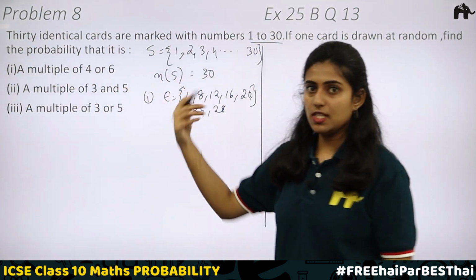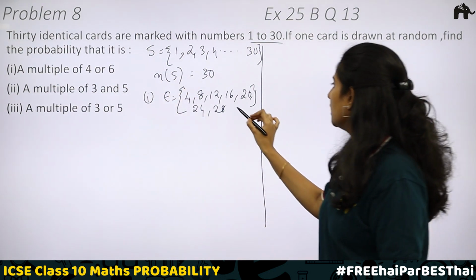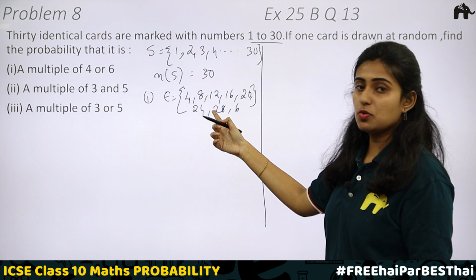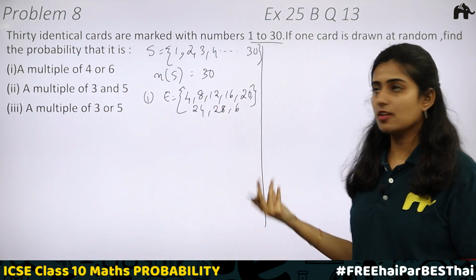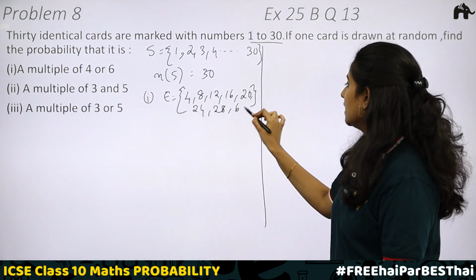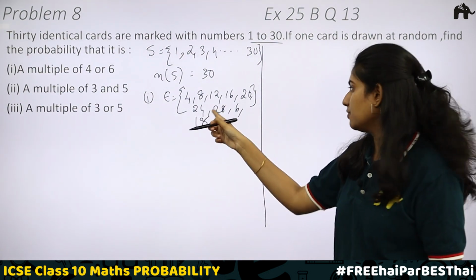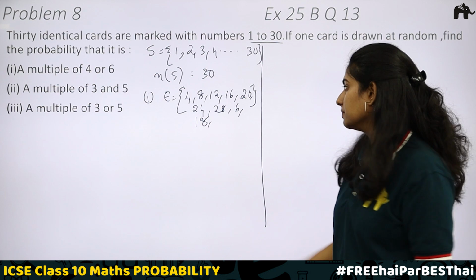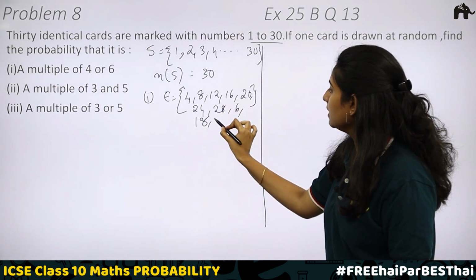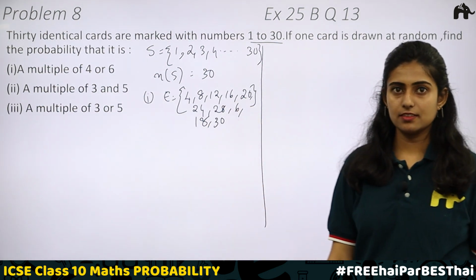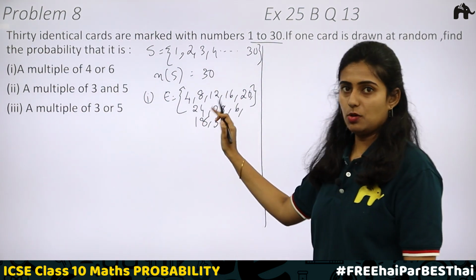Or 6, which means multiples of 6 can also be included. 6, then comes 12. 12 was already taken because it is also a multiple of 4. Then 18. Then you have 24. 24 is also included here. Then you will be having 30. So these are the possible outcomes.